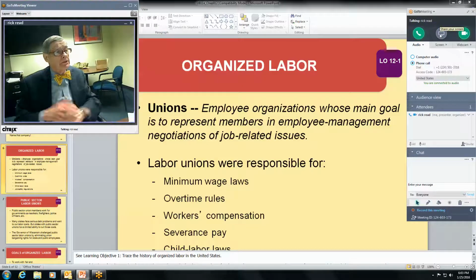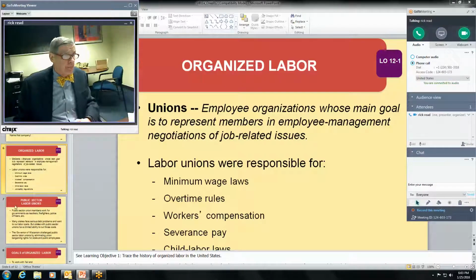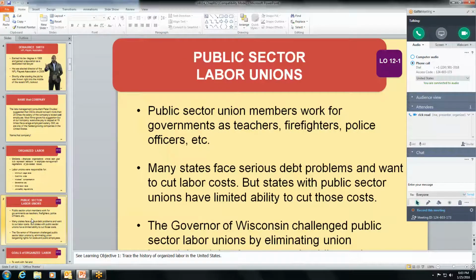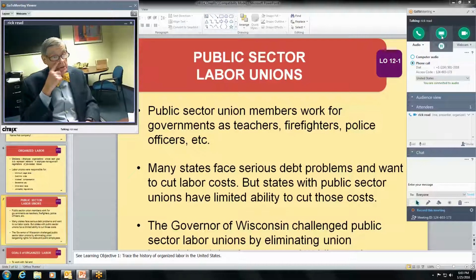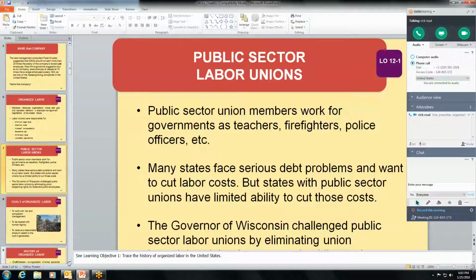We have a number of public sector unions, such as teachers and other government workers. They tend to be a little bit larger today. As you know, if you follow politics at all, there's been a lot of pushback against these folks. Some people feel it's very unfair that governments are trying to balance their budgets on the backs of the labor unions.